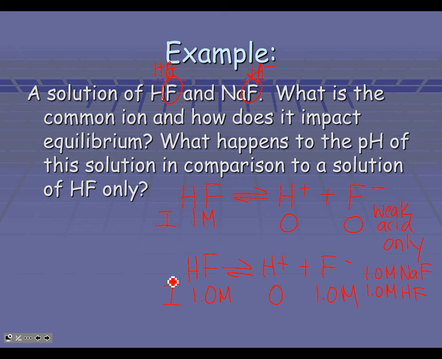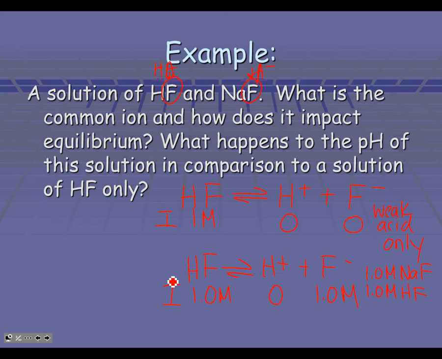Now, what's kind of neat about this is it does the exact same thing every single time there's a common ion. The equilibrium is always going to shift to the left, and that's always going to reduce the pH. The common ion always lowers the pH. So that's in your PowerPoint. I'm not going to put it up right here, but make sure you highlight that.